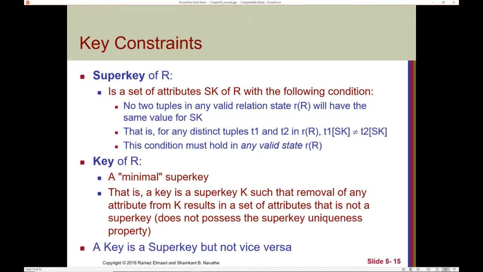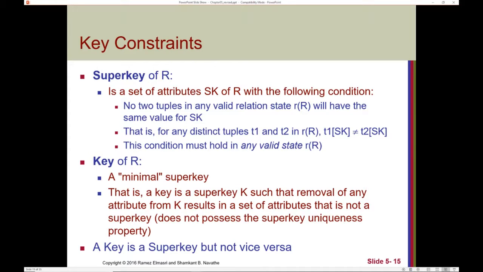So a superkey for a relation is a set of attributes with the following condition: that no two tuples in any valid relation state can have the same value. So if you have a superkey, whether it's composed of one attribute or many attributes, they have to be distinct. And this condition must hold in any valid state. A key of the relation is a minimal superkey.